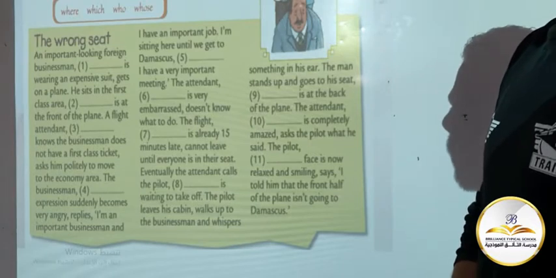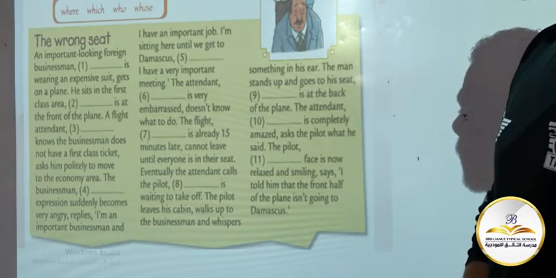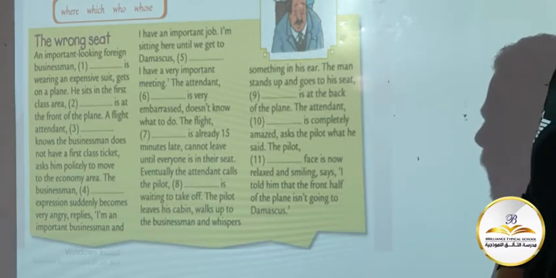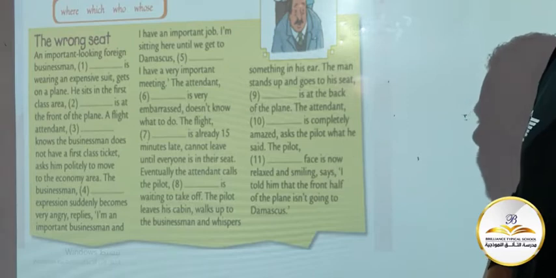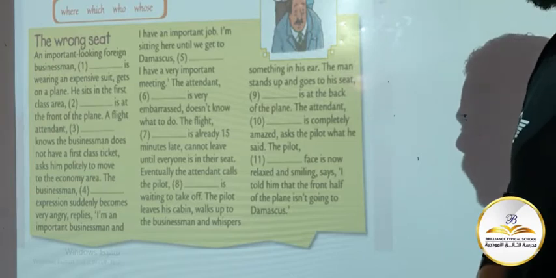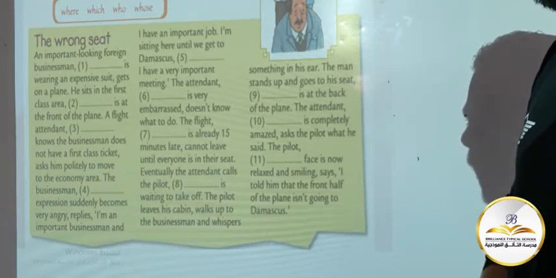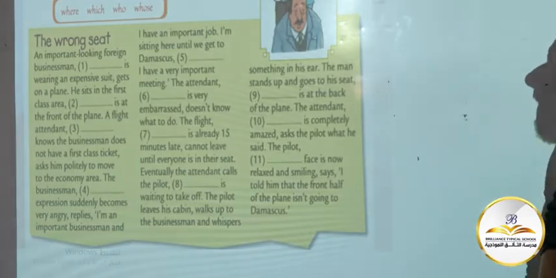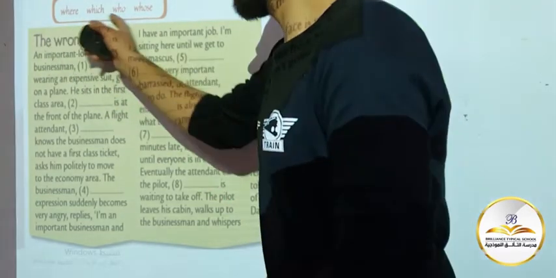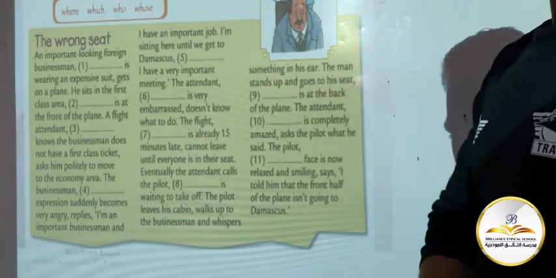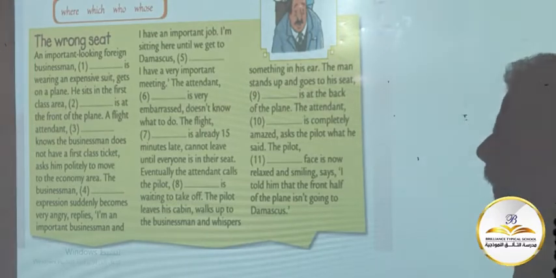The man stands up and goes to his seat, blank, is at the back of the plane. The attendant is completely amazed, asks the pilot what he said. The pilot's face is now relaxed and smiling, says, I told him that the front half of a plane is not going to Damascus. So, can you use relative pronouns to complete the job? You have 2 minutes, you can stop the video now. Okay, let's see the answers.